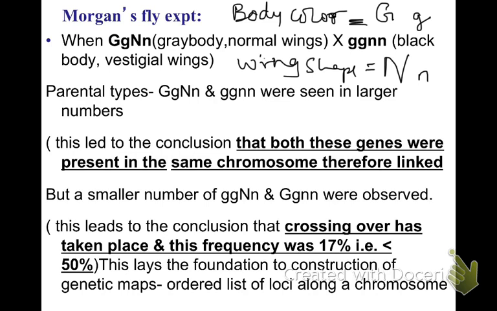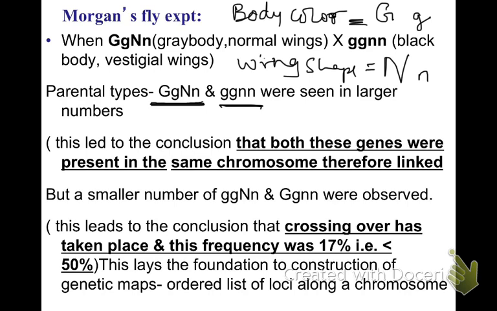So he has two parental types, and he introduces a gray body and normal wings, I apologize, and a black body and stubby wings. And the one that he has introduced is heterozygous for it.